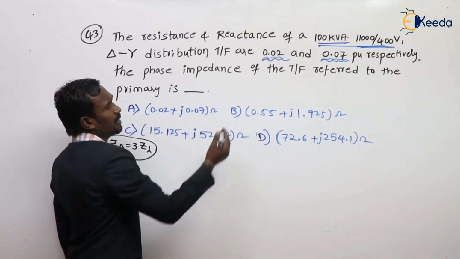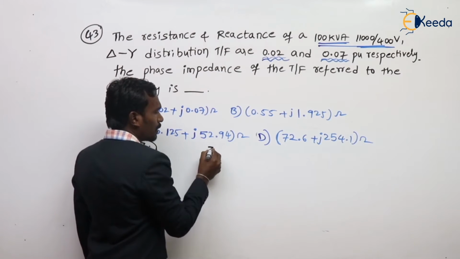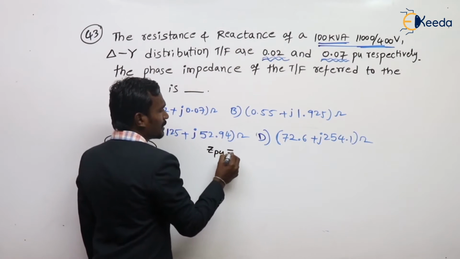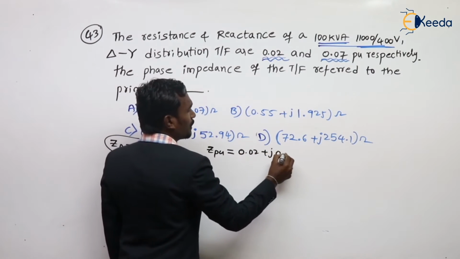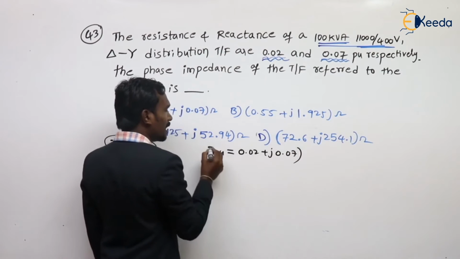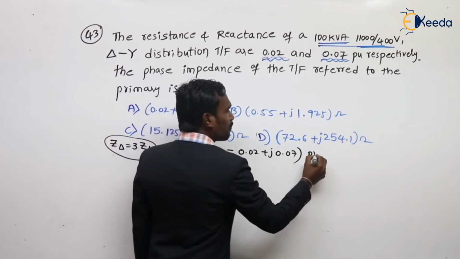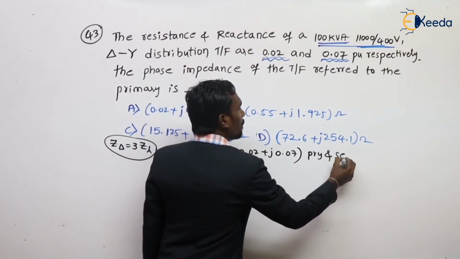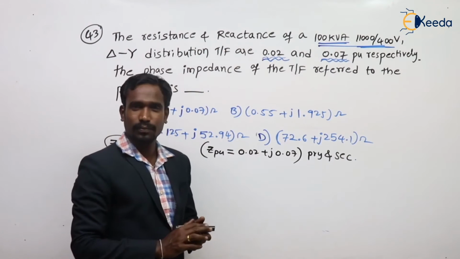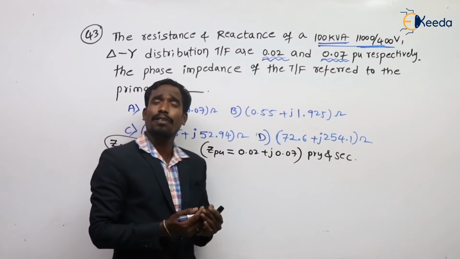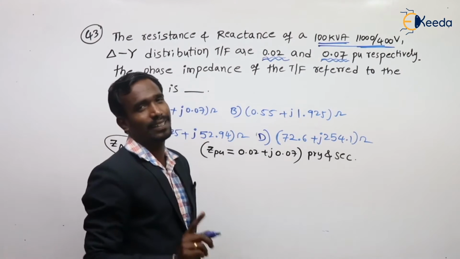And next, we know the per unit impedance they have given, 0.02 plus 0.07. This is the per unit impedance of primary as well as of secondary. For both it is the same, because all per unit values are the same for primary and secondary.